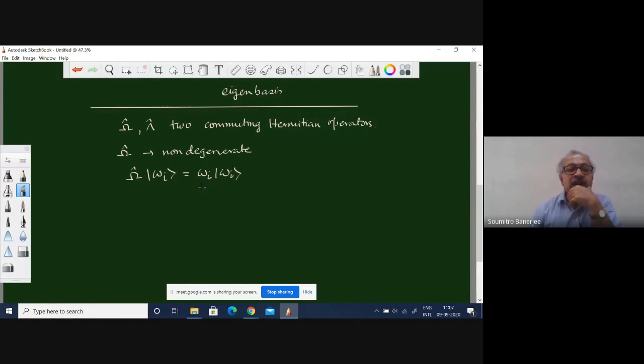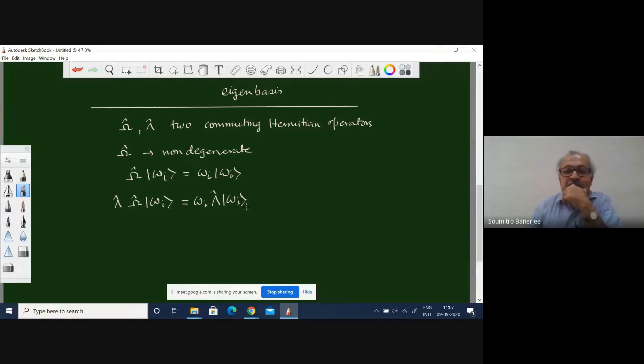Now we operate the whole thing by this lambda. So you have lambda operating on this whole thing, which will of course give you lambda times this, but this is a number that can be brought forward. So I'll write this first and then lambda omega I.